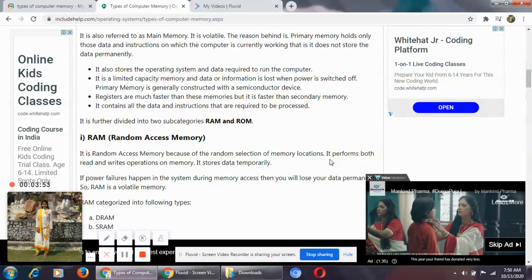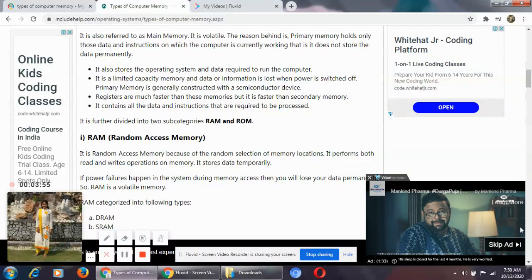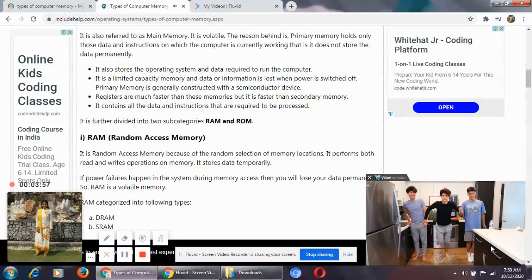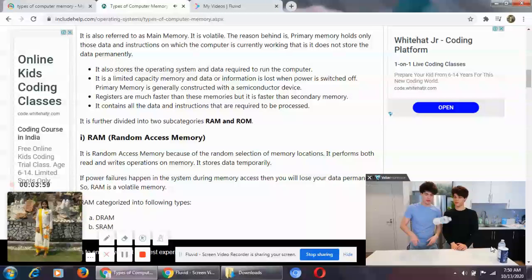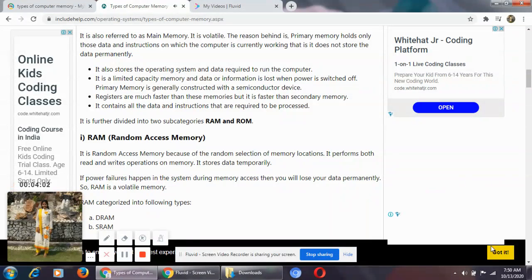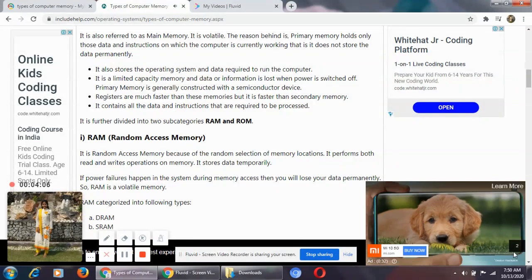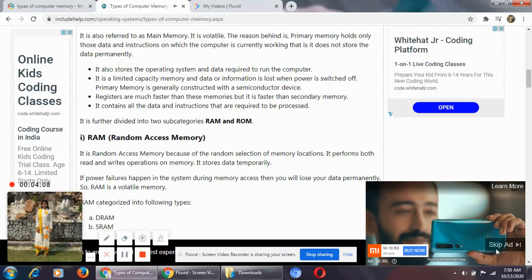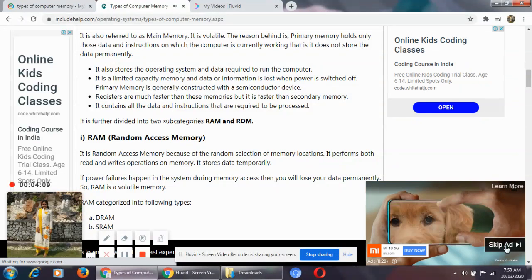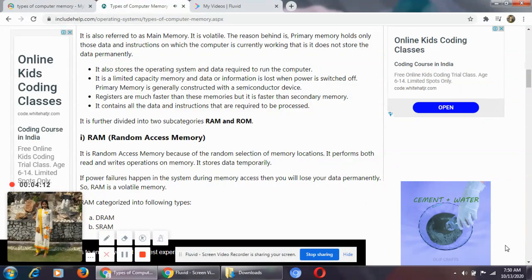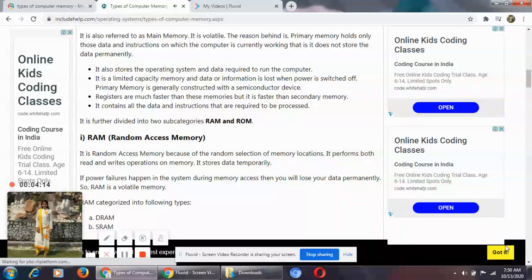The data stored in internal memory is erased when the computer is turned off. It is always easier to access data or programs from the internal memory as it is the fastest of all forms of computer data storage.